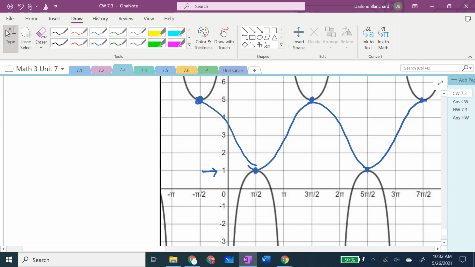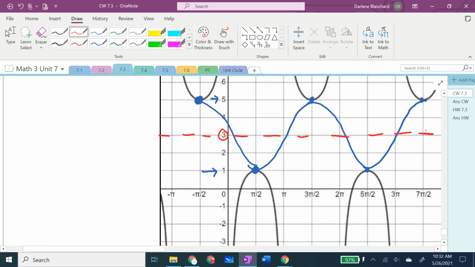The lowest point of this sine graph is 1. The highest y value is 5. What number is halfway between 1 and 5? 3. So that actually tells me that the midline of my sine graph is 3.